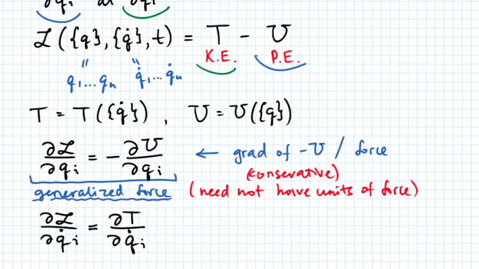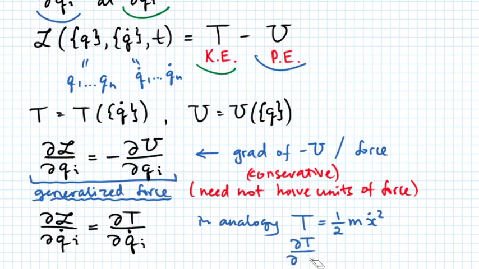Again, using analogy with Newtonian mechanics, we can write kinetic energy for 1 degree of freedom, say position x, as half of mass times velocity squared, which gives us the partial derivative of kinetic energy with respect to velocity as mass times velocity, which we can identify as a component of the momentum in this direction.